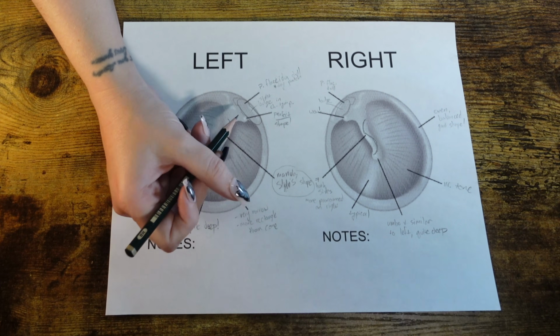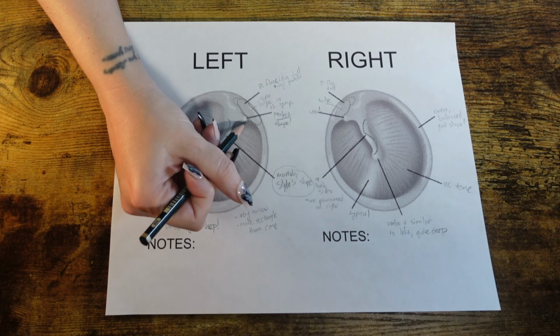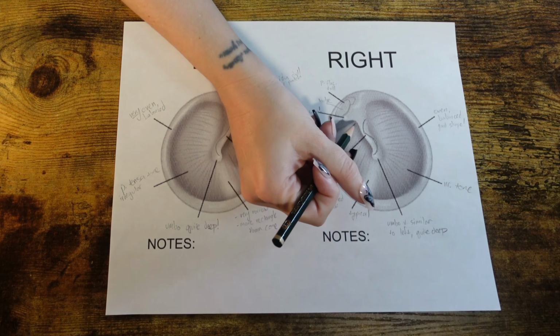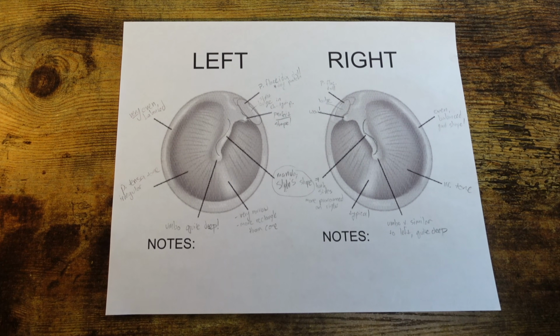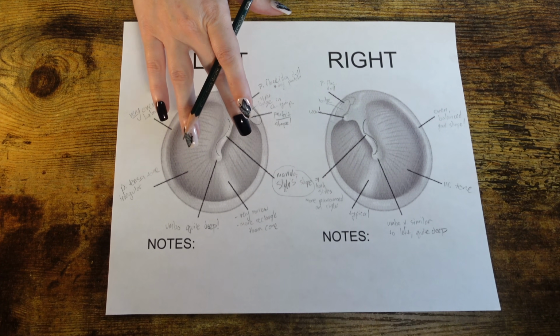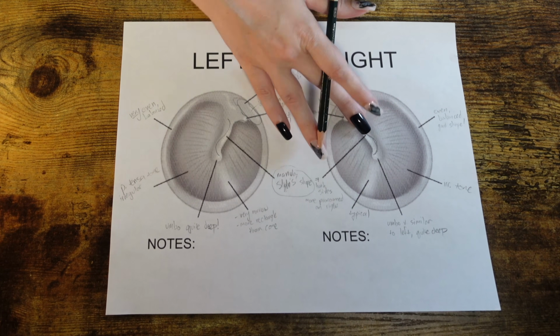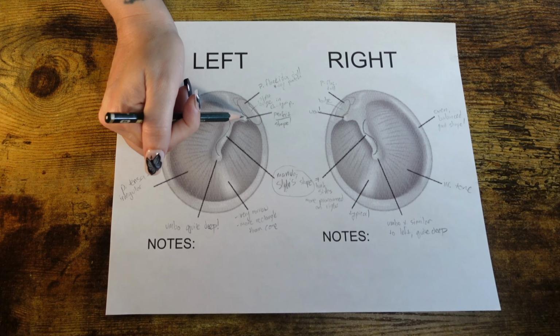Moving on, I'd like to draw your attention to this little protrusion here on both sides. And this is also part of the malleus. And on you, on both sides, it is absolutely stunning.